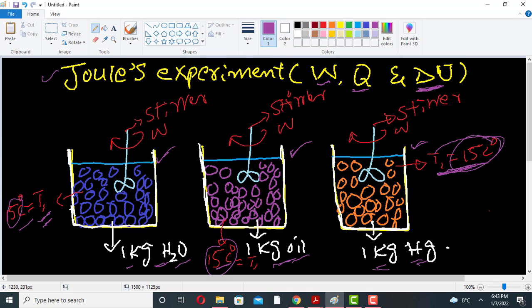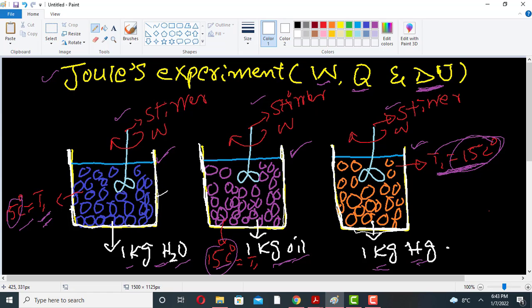Then he put a stirrer into these beakers. Remember that the beakers which he selected were insulated. He applied some insulating material around the beaker, so that neither heat comes into the beaker nor heat gets out from the beaker.